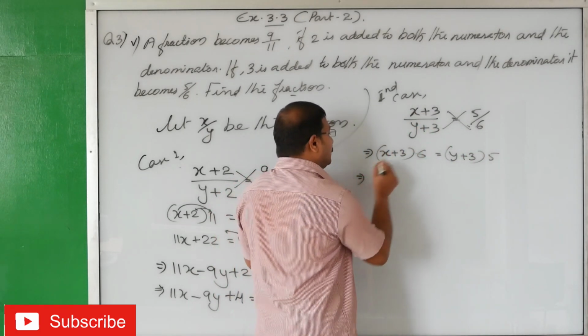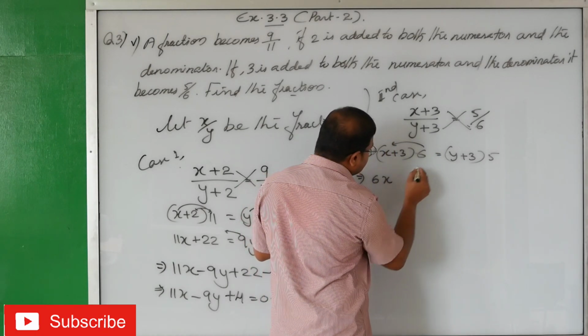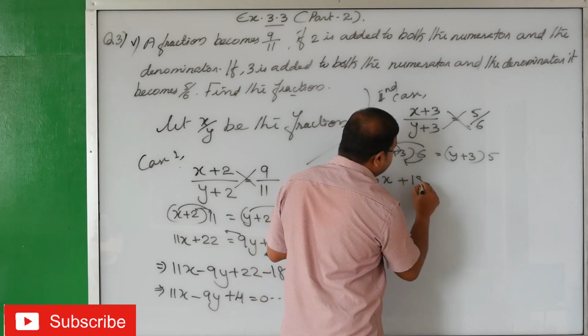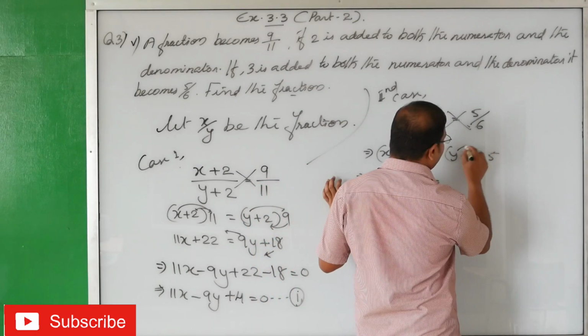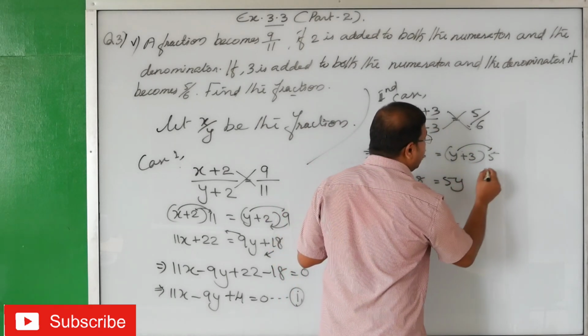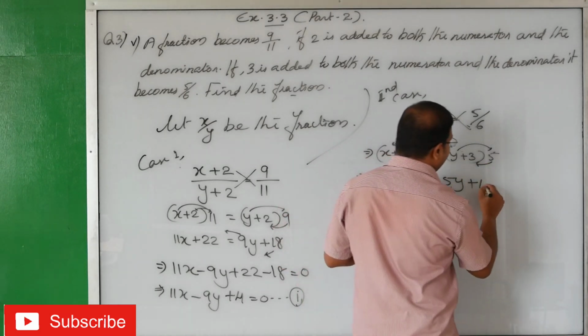Ready? This implies, we'll open it, 6 into x, 6x, 6 into 3, 6 3s are 18, equals y into 5 or 5 into y, 5y, again 5 into 3, 3 5s are 15.